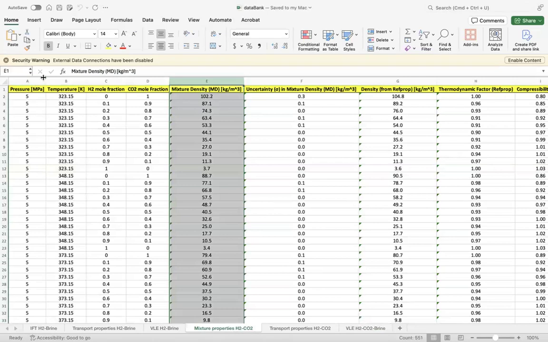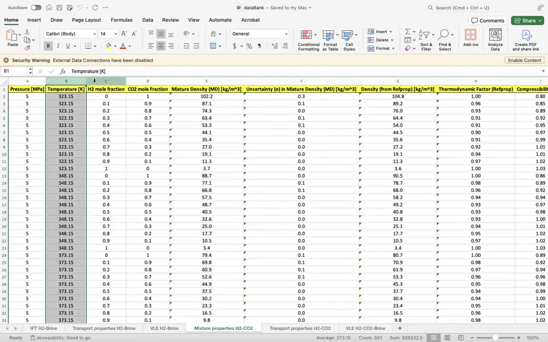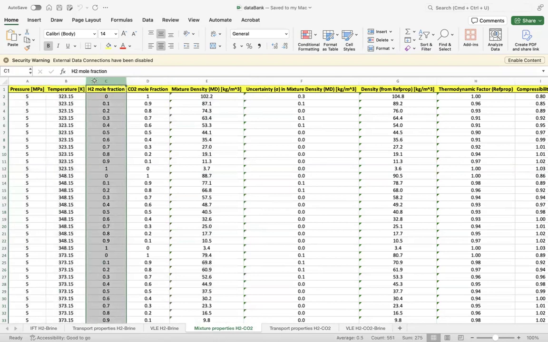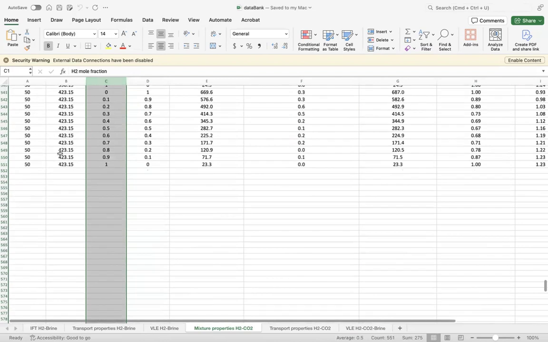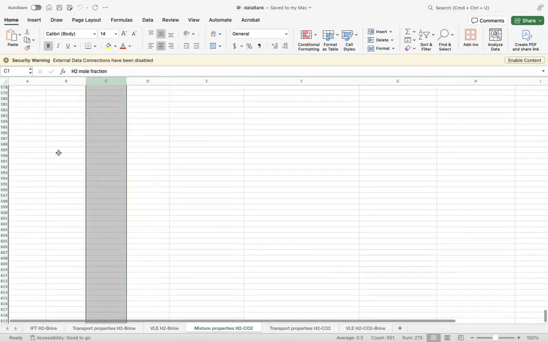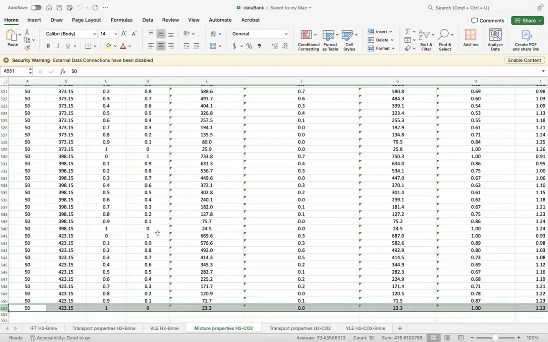These thermodynamic state points are basically the pressure, temperature, and the hydrogen mole fractions. So these are basically densities for hydrogen carbon dioxide mixtures at a given pressure, temperature, and hydrogen mole fraction. You have around 550 data points here, as you can see.